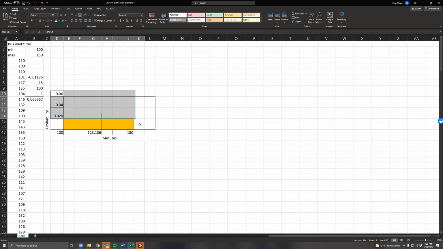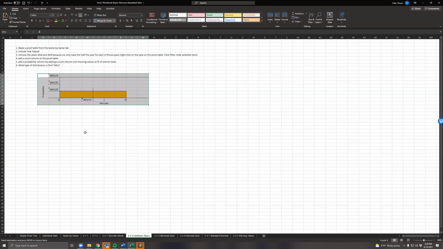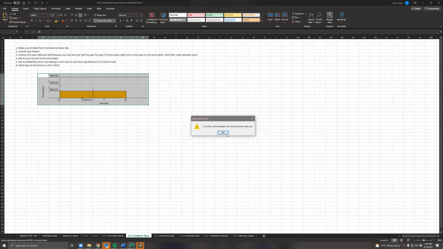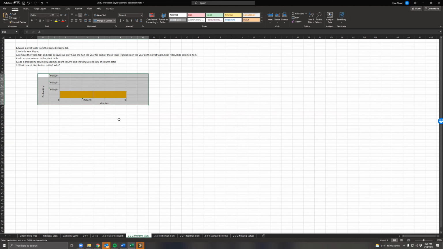Okay, so I'm going to copy this, Control C, and I'm going to put this right here. Let's paste the values, just like this.